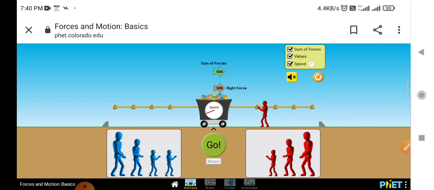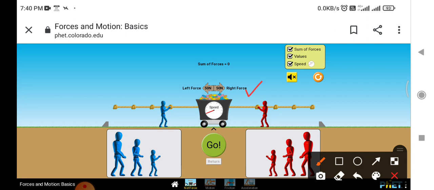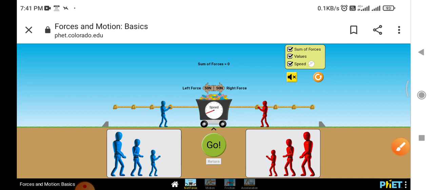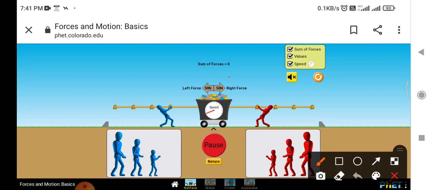Again I come to write. Now I chose one more person for here. So for this side also 50 Newton and this side also 50 Newton. So the sum of the force is 0, because 50 minus 50 equals 0. Now I press the go button, and see, there is no motion of this object.